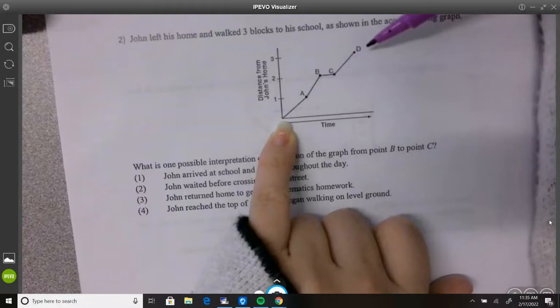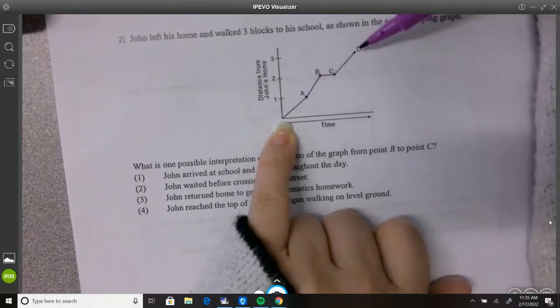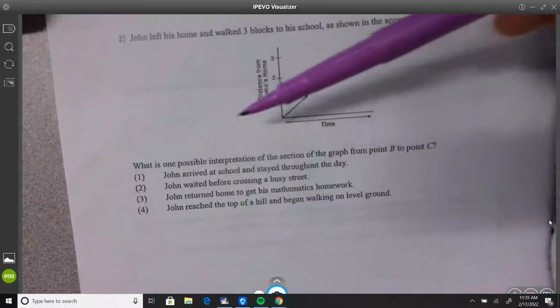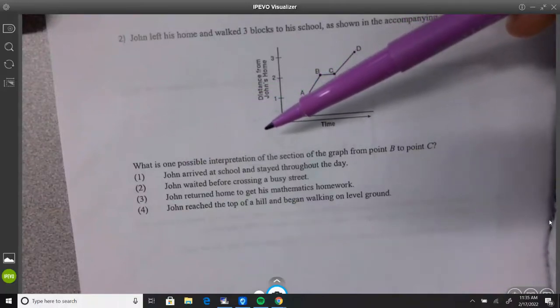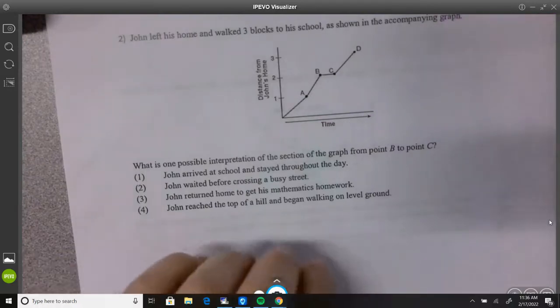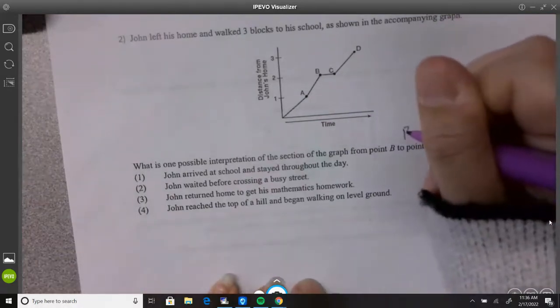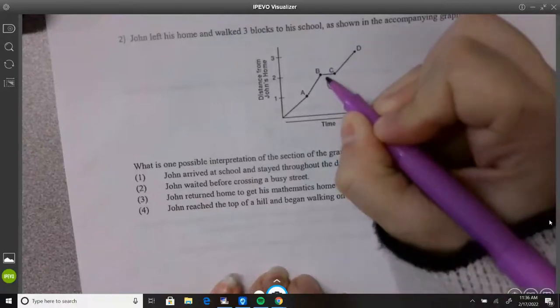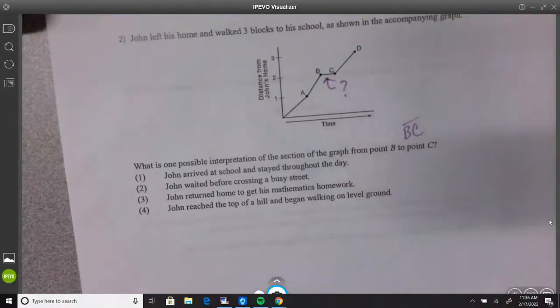So this is the 3 blocks right here. We are looking for what is one possible interpretation of the section of the graph from point B to point C. So we're looking at line segment BC. So what could John have been doing here?